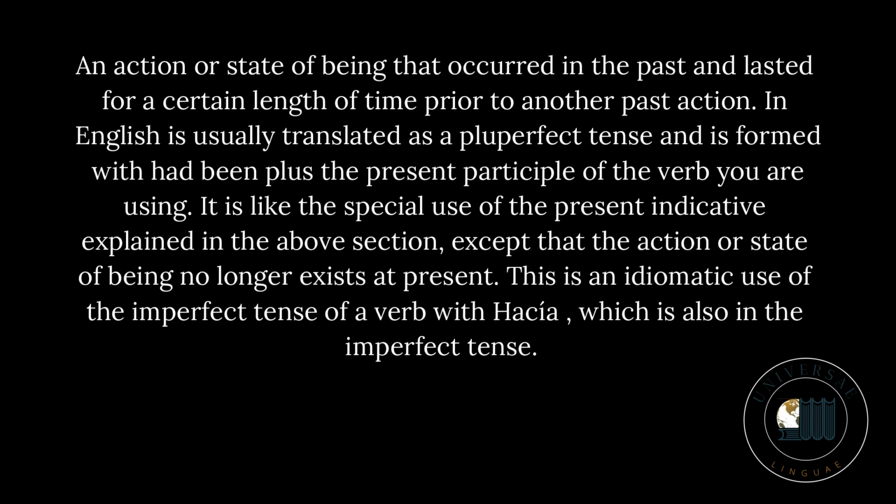why can't we translate this specific sentence with that structure in this case, in the present case and the past, the imperfect case? Because of what is expressed in the concept of this specific usage. So I read, act number 6, in imperfect: an action or state of being that occurred in the past and lasted for a certain length of time prior to another past action.